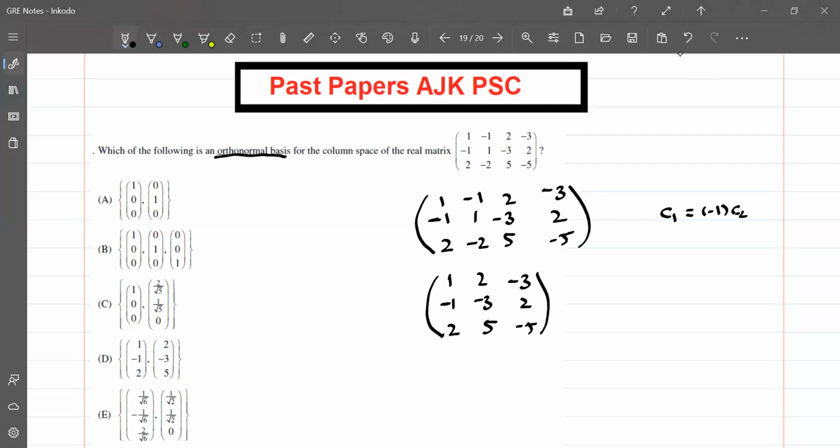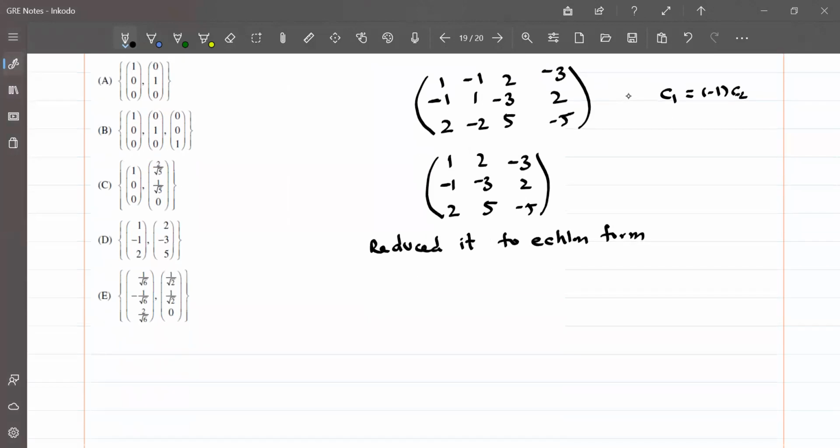Now we use the method: we reduce it to echelon form. We call this matrix A, and we reduce it into echelon form.